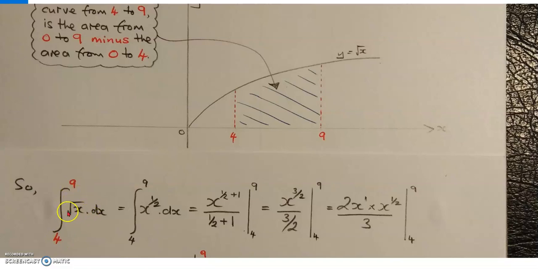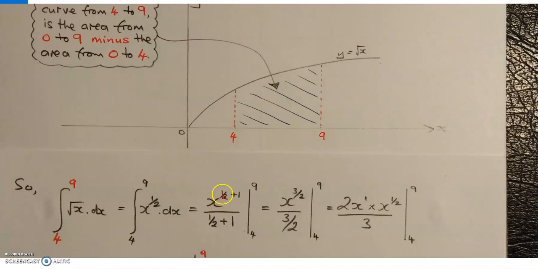First thing is to make that x to the power of a half, because when we integrate this, we increase the power by 1 and divide by the new power. Notice that I have integrated, but I've kept this vertical line showing that I've still got to apply the limits to my answer.